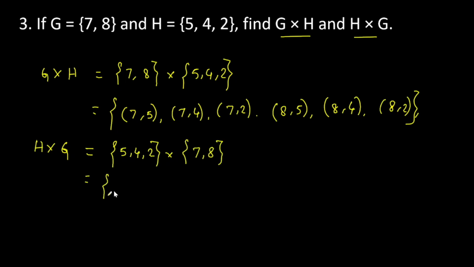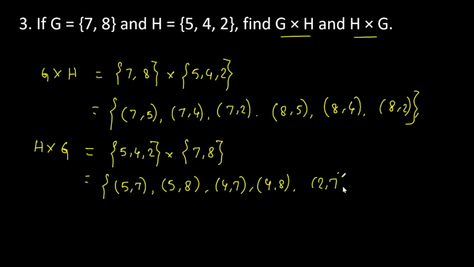Now we will find the elements: (5, 7), (5, 8). 5 will be paired with 7 and 8, then (4, 7), (4, 8), and (2, 7), (2, 8). So these are the elements of H cross G.